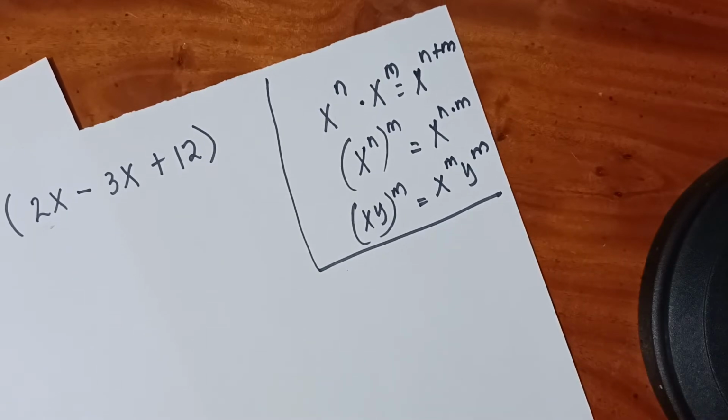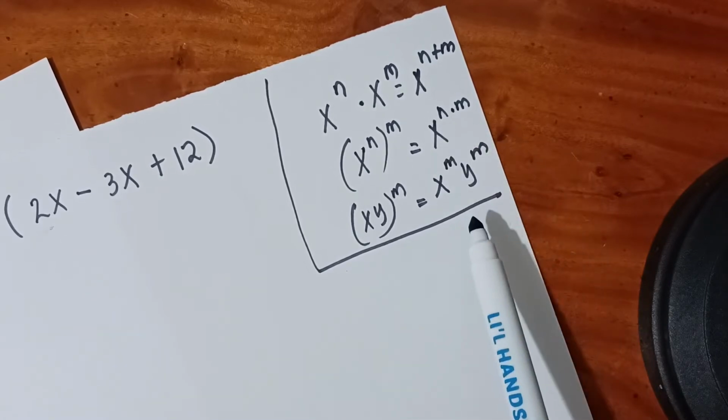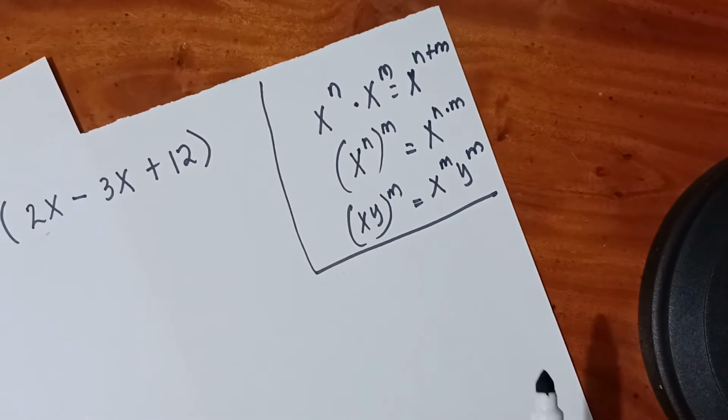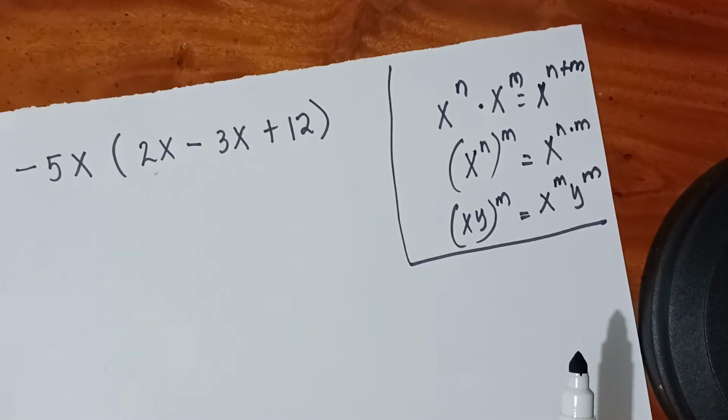Okay, so now that alam na natin at na-review na natin kung ano yung mga rules ng exponent na kakailanganin natin dito sa pagmumultiply ng monomial to a monomial, monomial to a binomial, and to a polynomial, we're now ready to answer the different examples. Okay? So, ang pinakauna is this one.